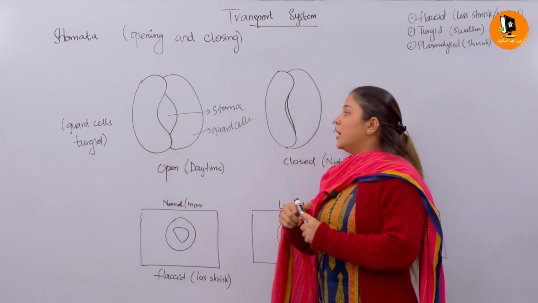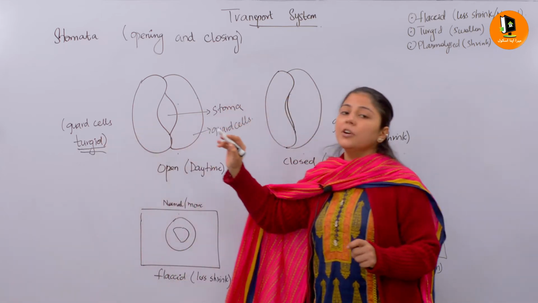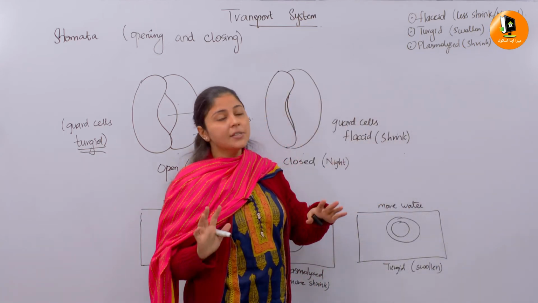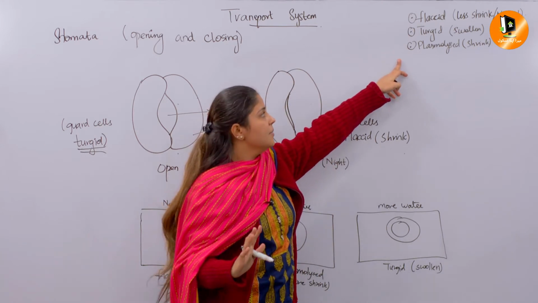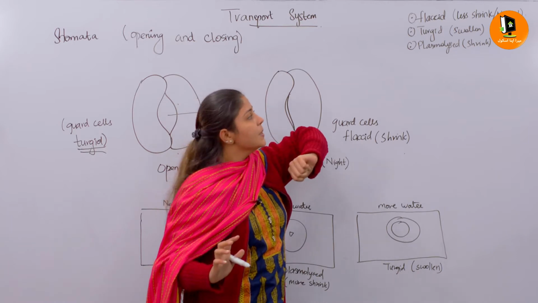The guard cells just get turgid. It's very important to note down this keyword, turgid. In my last sessions, I discussed three important keywords, if you remember: flaccid, turgid and plasmolysed.